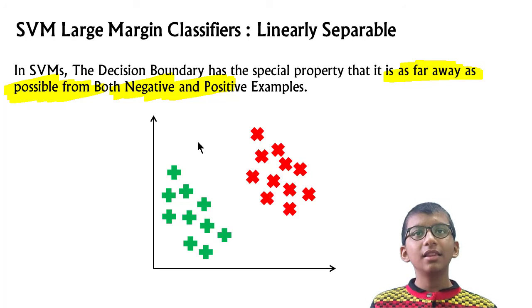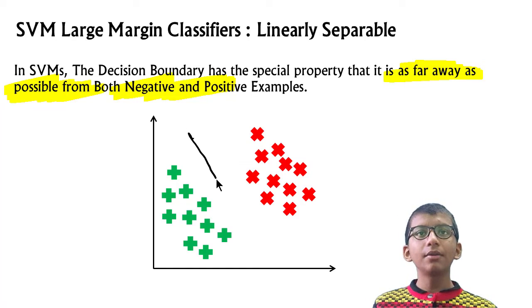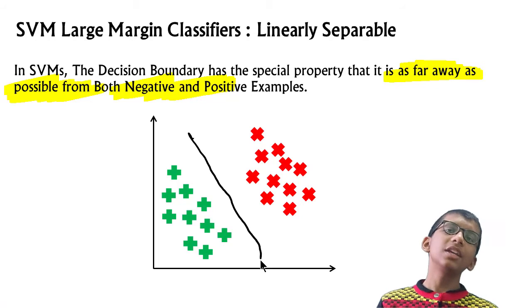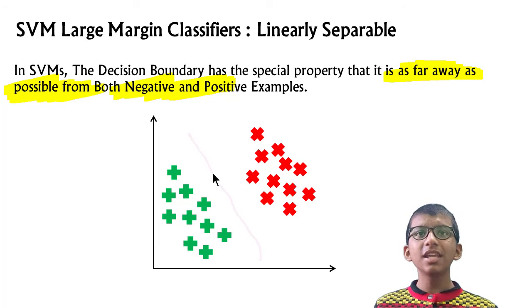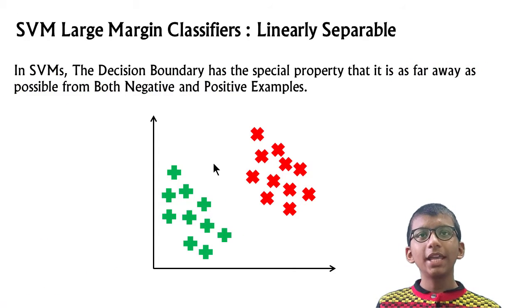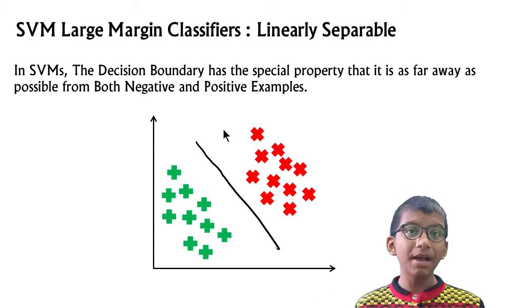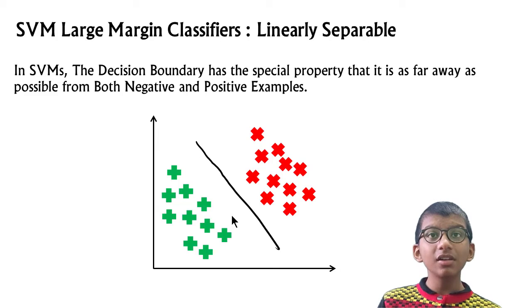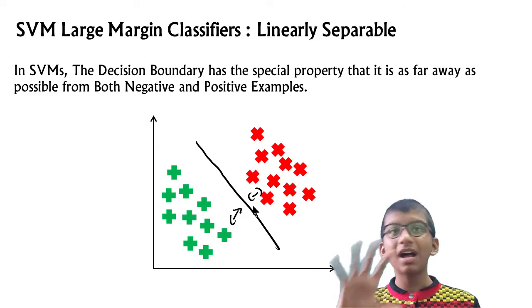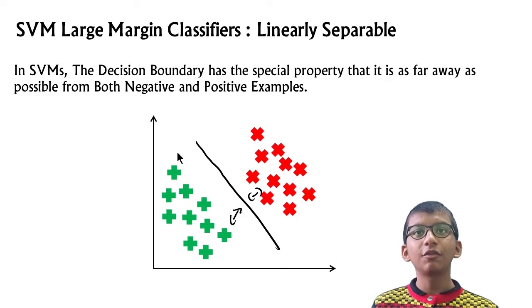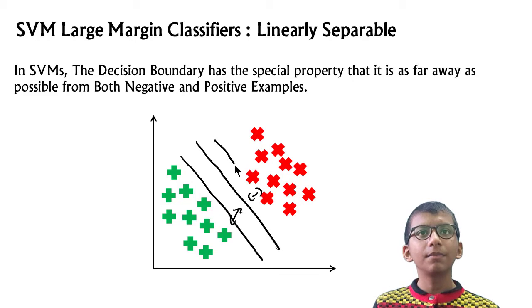So let's draw a decision boundary here, and this is my decision boundary. There is a lot of distance between the positive and the negative examples, and for that we'll draw one more line.